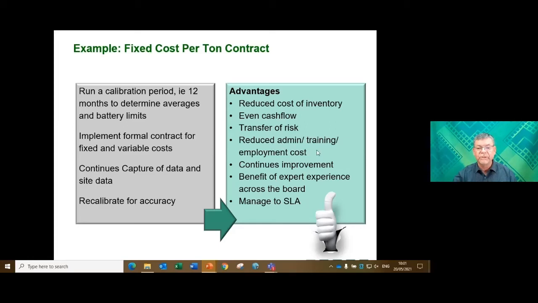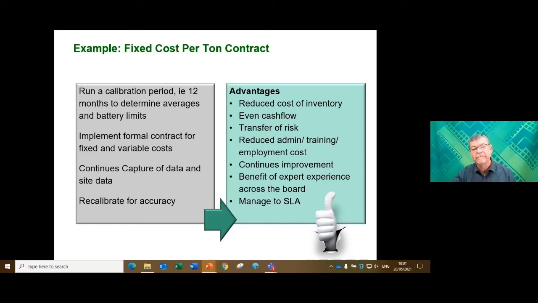The big cost that is a lot of the time overlooked and not always visible is a huge reduction in the administration, training and employment cost of trained personnel. There's the element of continuous improvement, purely because both parties benefit from it.